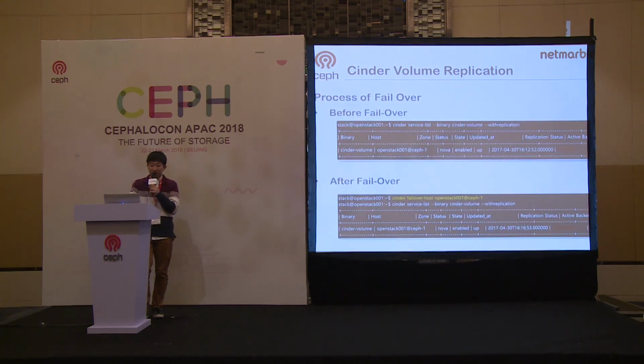This is how failover is processed in Cinder. You can find that the replication status of the Ceph backend service is enabled before we do the failover process. If you have a problem with the primary cluster, we can let Cinder do failover with the failover host command. The replication status is changed to failing over after we do that.